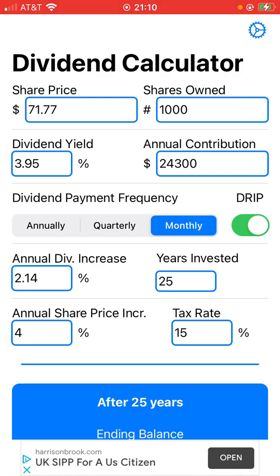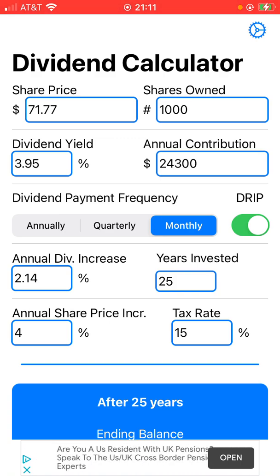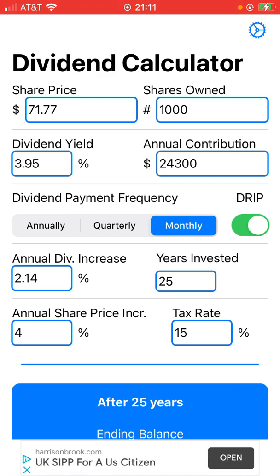Today we're going to talk about Realty Income, the monthly dividend company. Basically, it's a REIT. I'm not sure how people pronounce it, or if there's a right way of pronouncing it, but we could just spell it out.